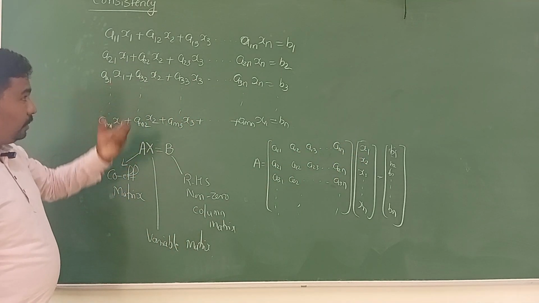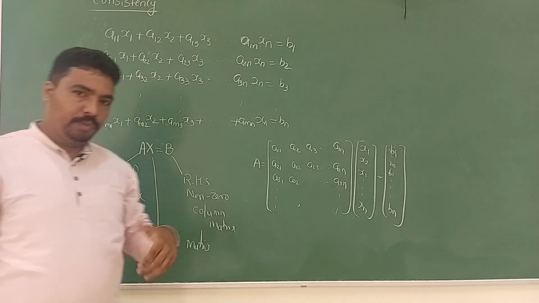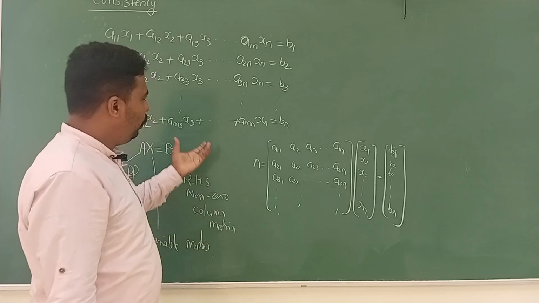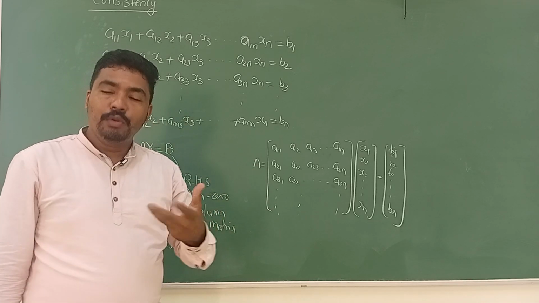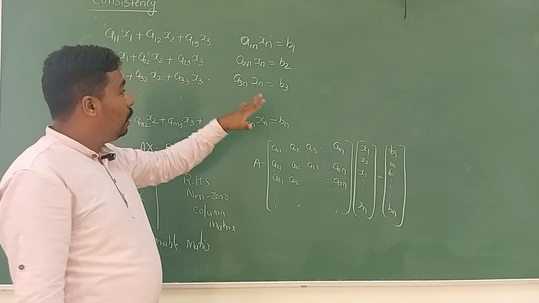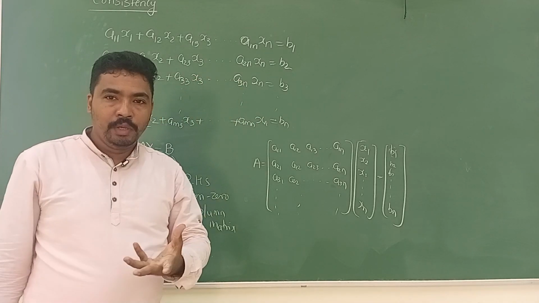Now what does consistency say? The given system of equations is said to be consistent only if it possesses a solution, that is, only if it has a solution. We all know a solution means the left hand side is equal to the right hand side, the equation is balanced.